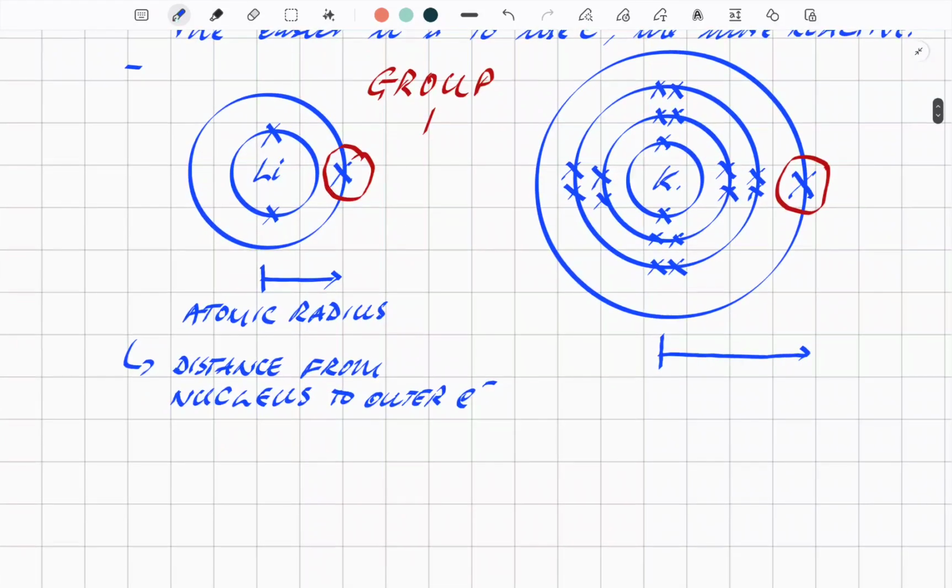So, in effect, the important part: the outer electron is further away from the nucleus. Okay, that's point one.